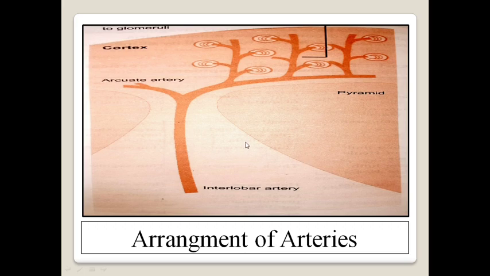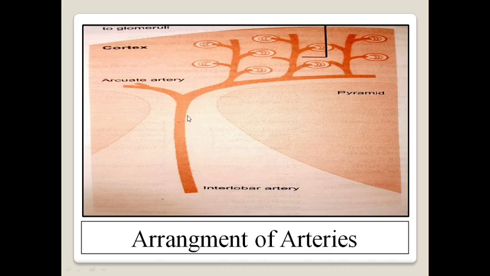So the artery present between these two lobes of the kidney is the interlobar artery. So that ascends or progresses into this renal column of the cortex and it reaches toward the surface of the kidney, reaching the level of the base of the pyramid.